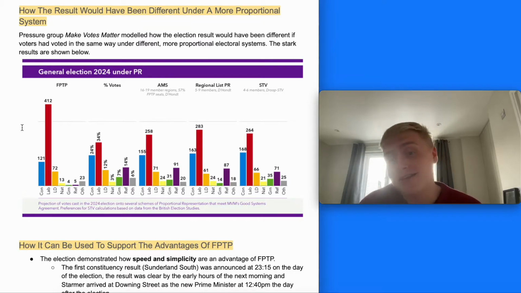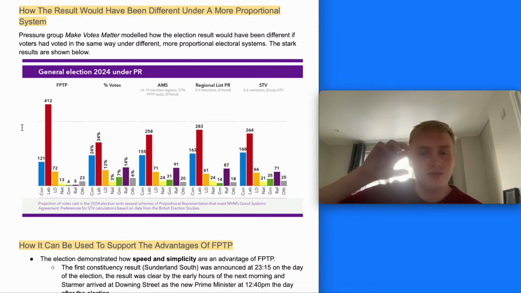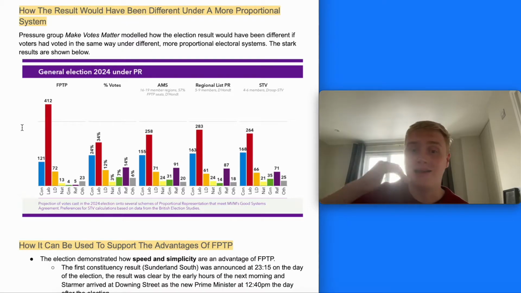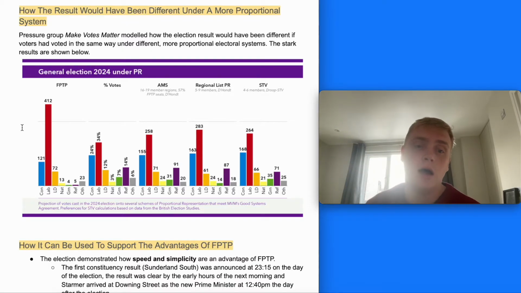In particular, AMS and STV are ones that are used, STV in Northern Ireland and AMS in Scotland. So it really shows that under more proportional systems, they would have had much fairer and more proportional results. In particular, Labour having a lot fewer seats, and the Greens and Reform in particular having a much larger number of seats.